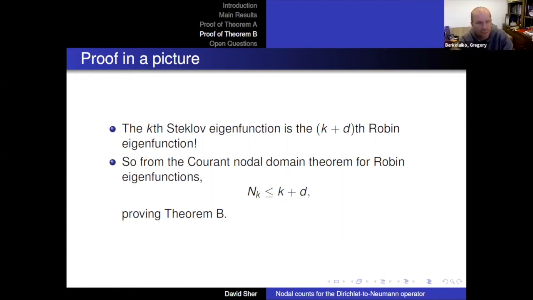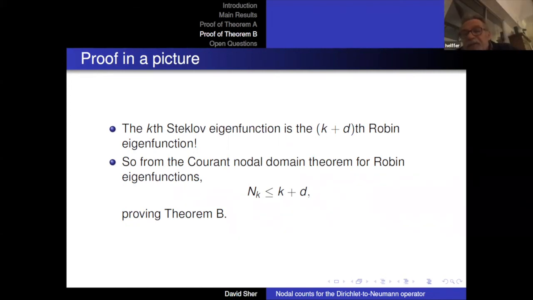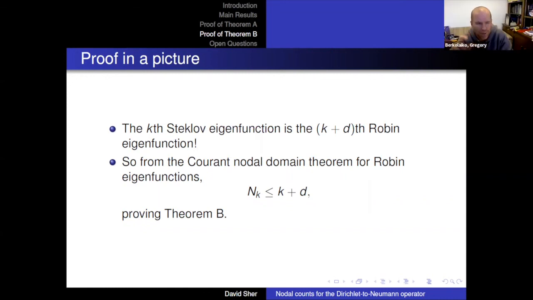So yeah, but they fix lambda, the eigenvalue, and change sigma, the Robin parameter. You mean the Robin parameter depends on k? The Robin parameter is the one increasing with k. Yes, lambda stays fixed. So I agree, because in this case the result for Pleijel was for a fixed Robin parameter sigma, but here sigma is sigma_k. Okay. Right. Yeah. Thank you.